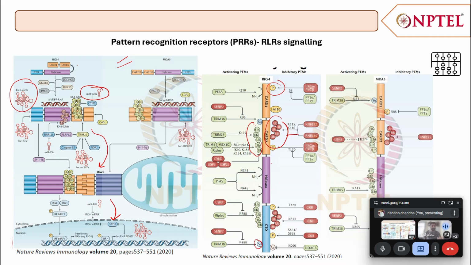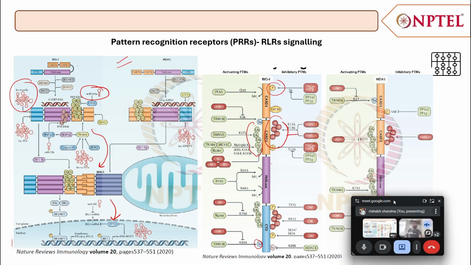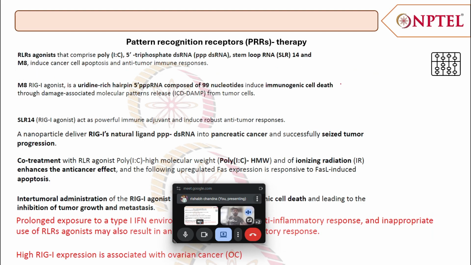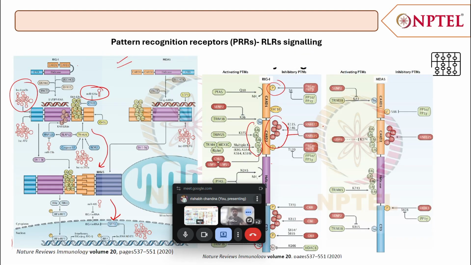Same way, we talked about RIG1, and in the same way MDA5. Some of the domains are ubiquitinated for its activation, while the others are ubiquitinated for their inhibition. Okay, same way for the phosphorylation and sulfonation also. So this is how the activation and the regulation of the RLR signaling takes place.